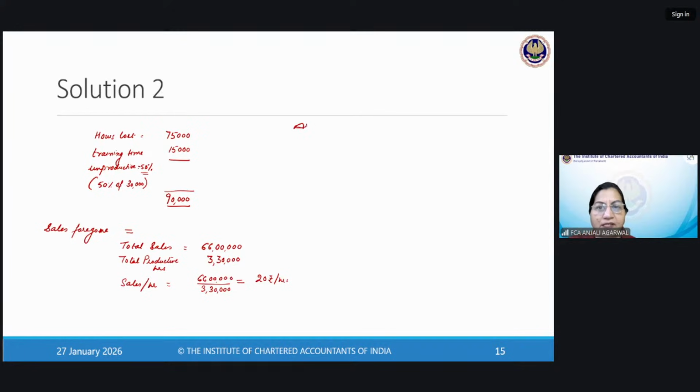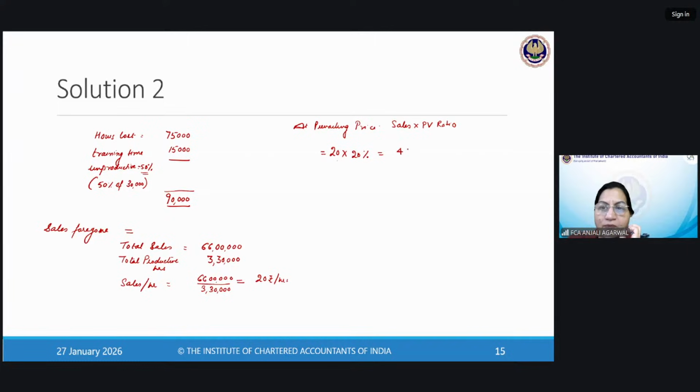At prevailing price, if we had sold this, we would have got 20 rupee into 20% PV ratio. Sales into PV ratio. So 20 rupee is the per unit selling price, prevailing selling price, into 20%.